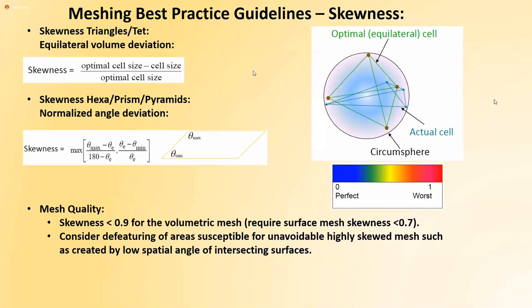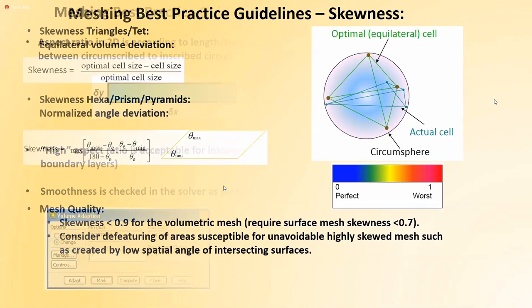If it's a dynamic mesh problem, you should be a little bit more conservative, because the dynamic mesh might quickly diminish the quality. So you'd probably need to start with better than 0.9.